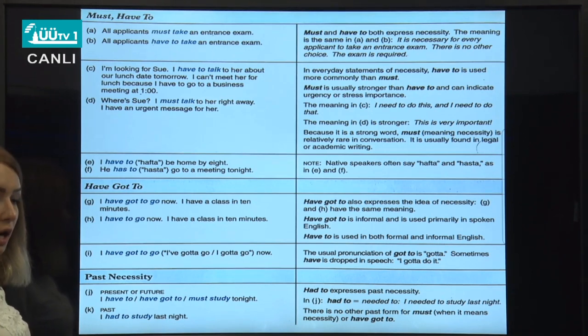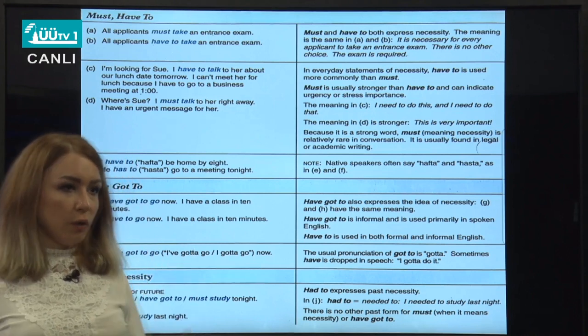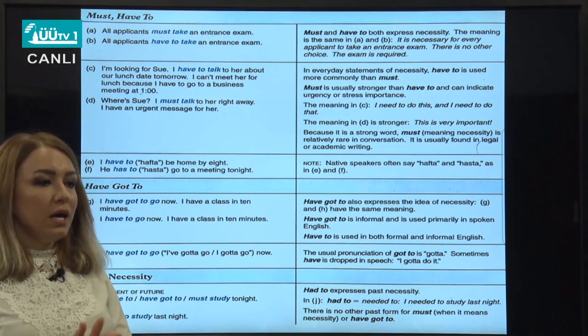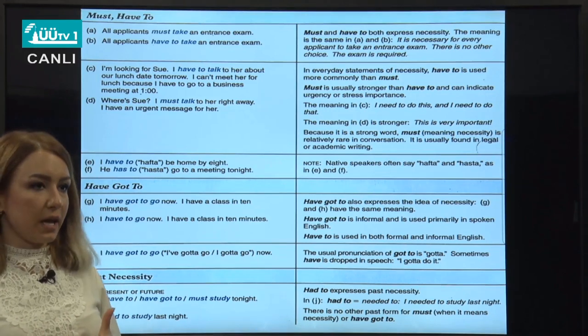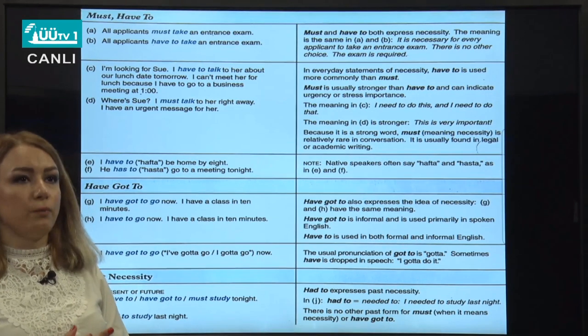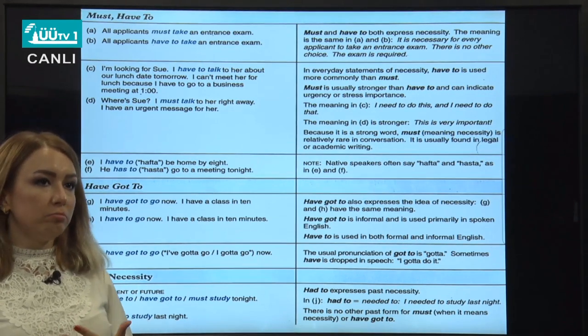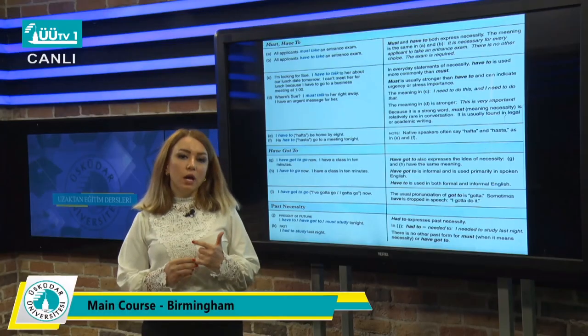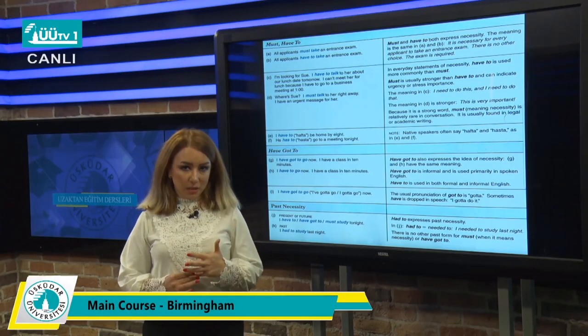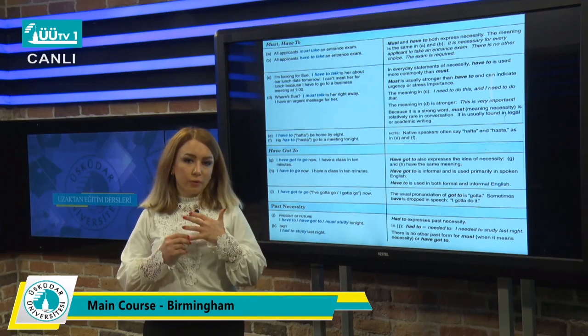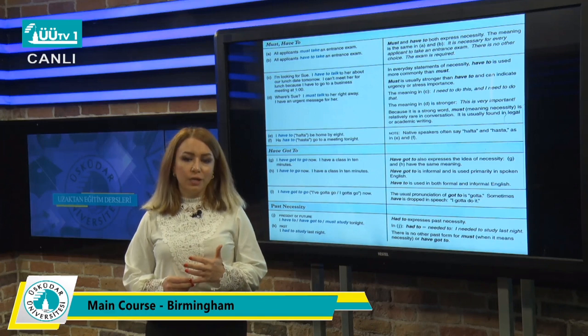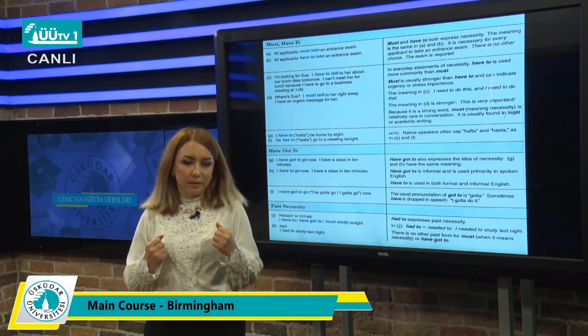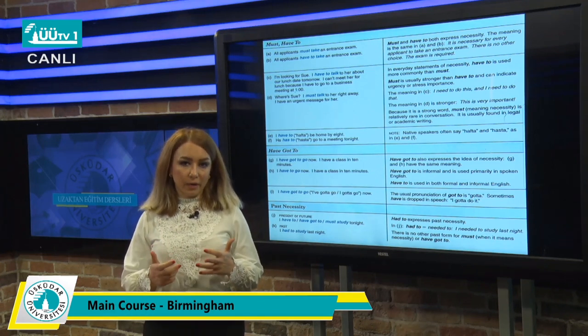So, I want to go through this again and talk about the application and the modal verbs we can use. So we have must and have to. Must is used for present or future to talk about something from inside, our inner feeling.